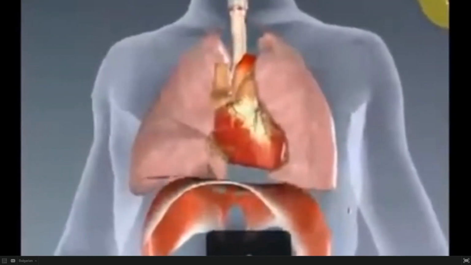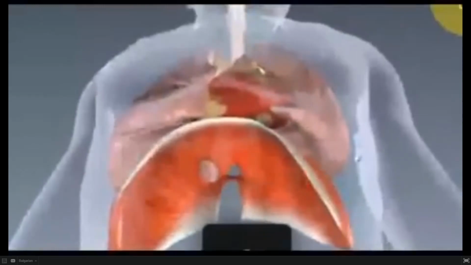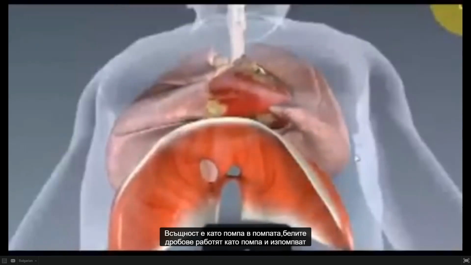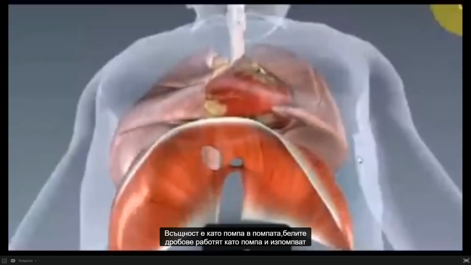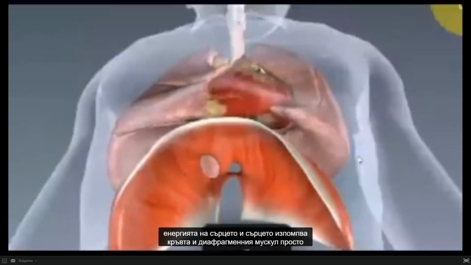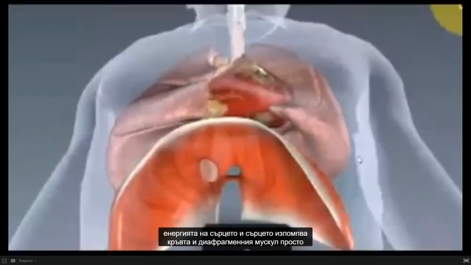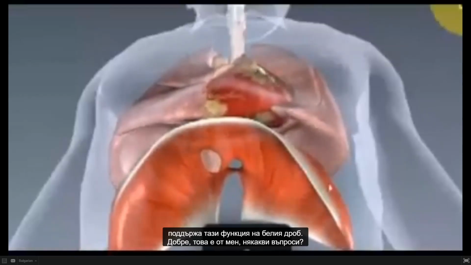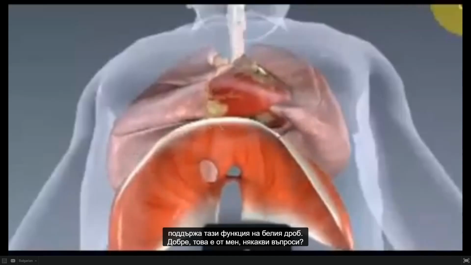I will try to give you that view. It is actually like a pump in a pump. Lungs work like a pump, pumping the energy of the heart, and the heart is pumping the blood, and the diaphragm muscle just supports that function of the lung.